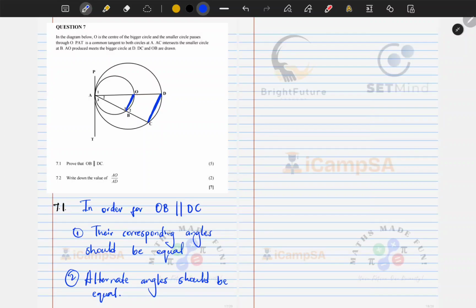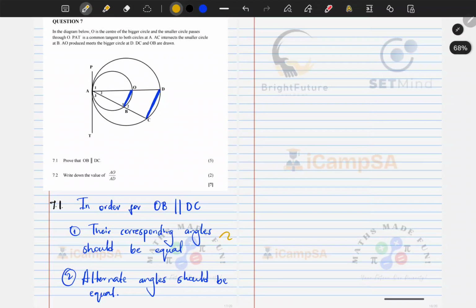So in this case, I'm going to choose the first one, which is this one, because here I don't see how I can find alternate angles.